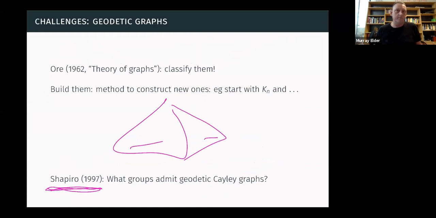Obviously the free group is going to give us a tree. And you might immediately say virtually free group, because that's the theme of today, I'm told. But a virtually free group is going to maybe have, in general, lots of ways to go around. So that was Shapiro's question.